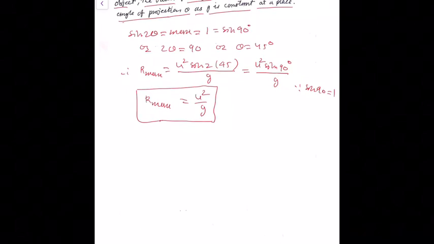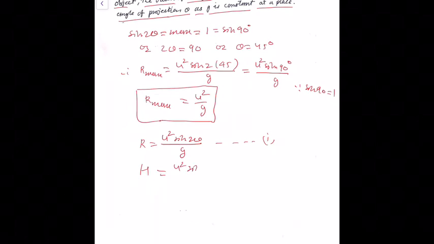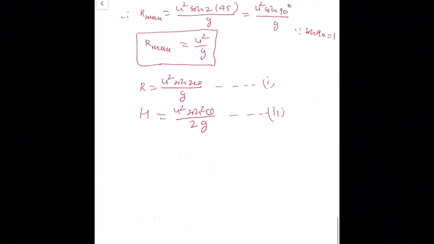Relation between horizontal range and maximum height, from equations 5 and 6. Horizontal range R equal to u square sin 2 theta upon g, equation first, and maximum height H equal to u square sin square theta upon 2g, equation second.